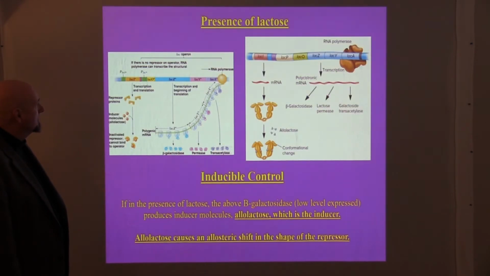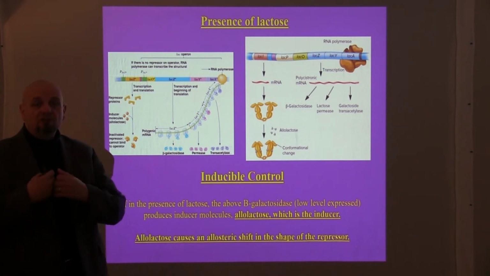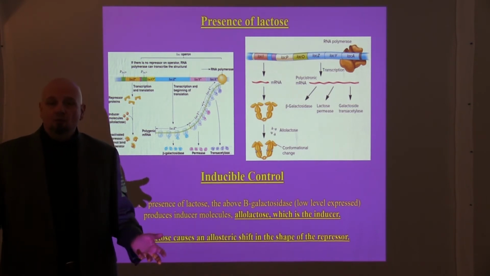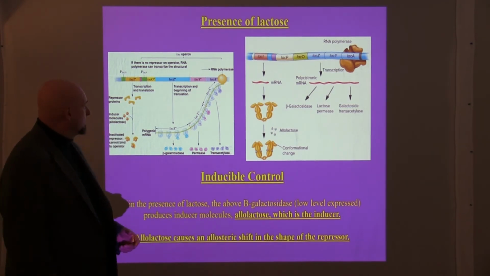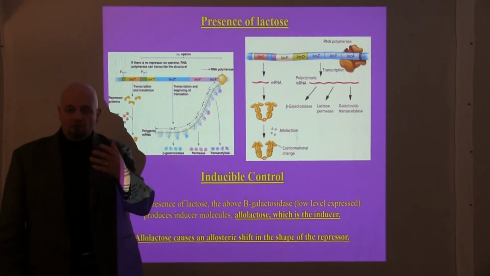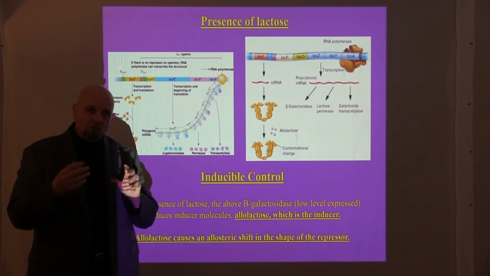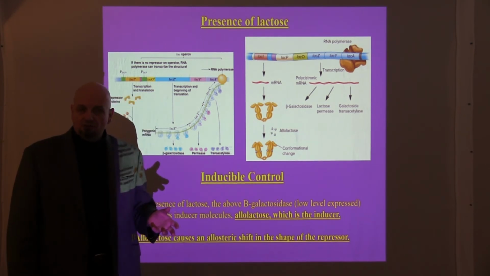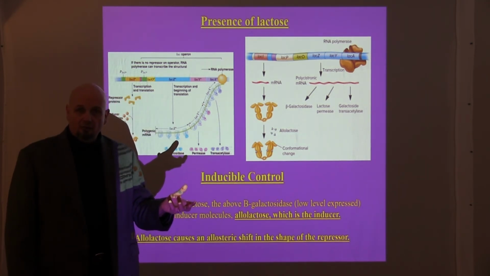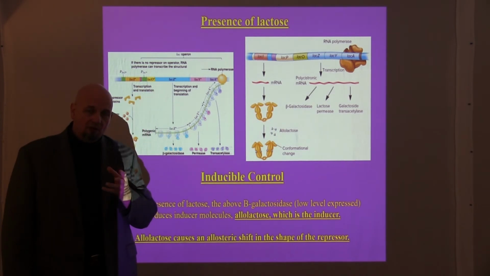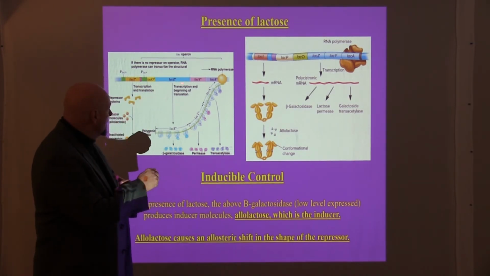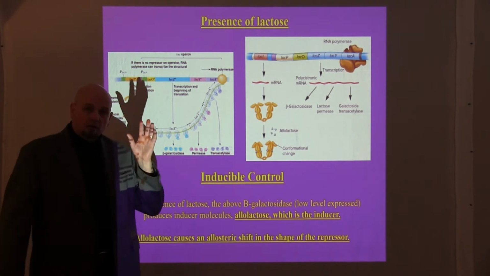All right. Now, let's suddenly bring in the presence of lactose without glucose. What happens there? Well, as I mentioned before, because there's a low level of gene expression of these particular genes, those enzymes are present. And so if lactose is present, it'll come into the cell by way of the permease. Okay, remember that's this guy right here.